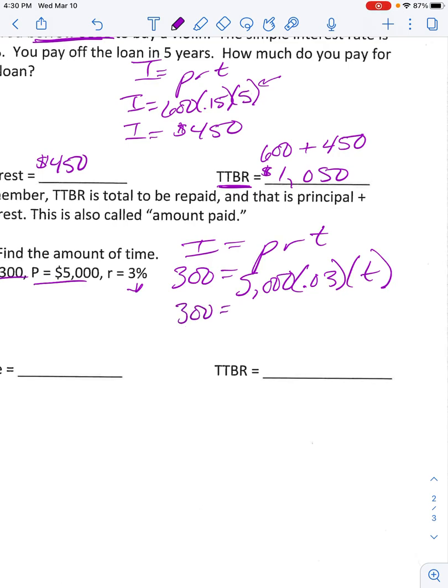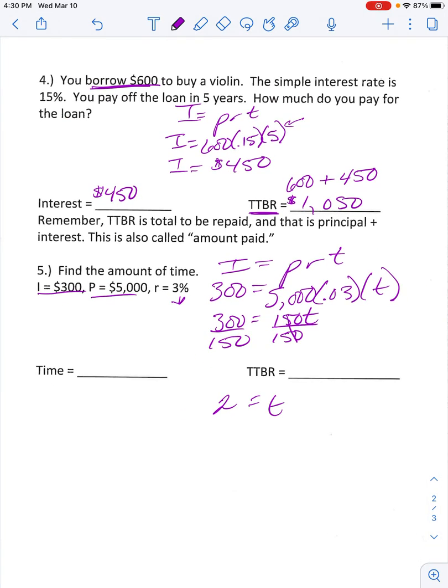So 5,000 times 0.03 is 150 t. Solve for t by getting rid of the 150. So t is 300 divided by 150, which is 2. So it's going to take 2 years to pay this back.